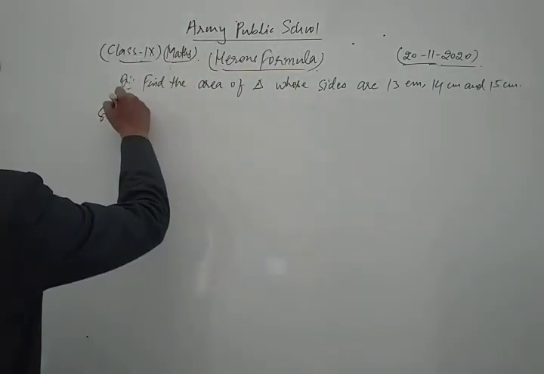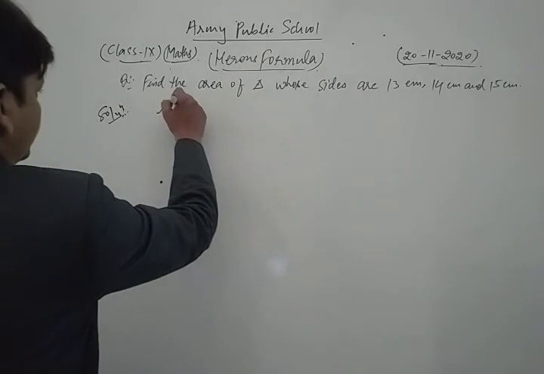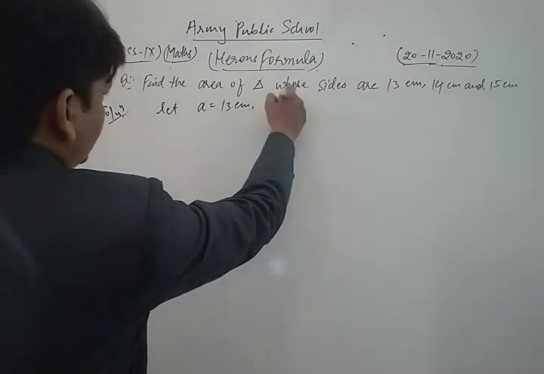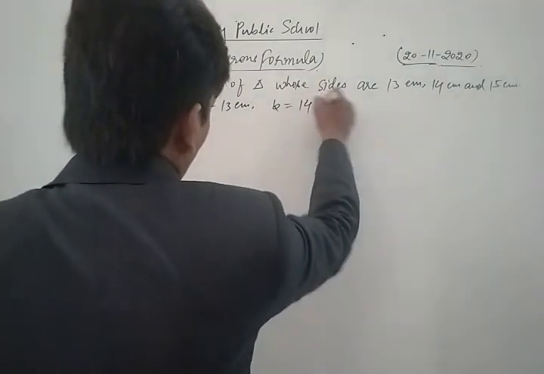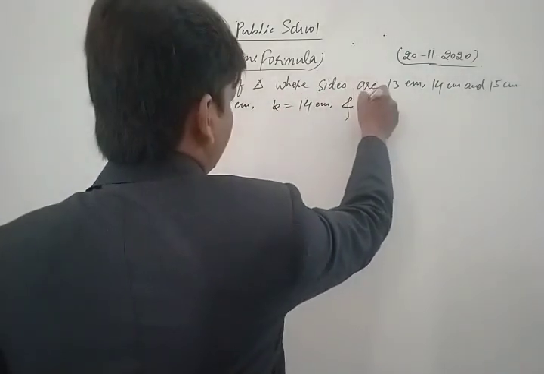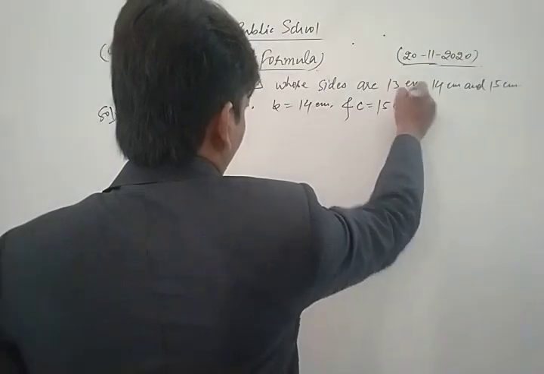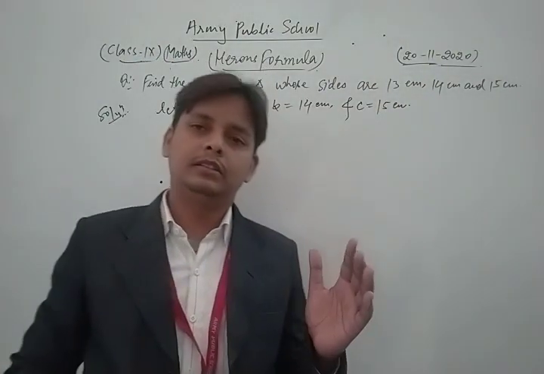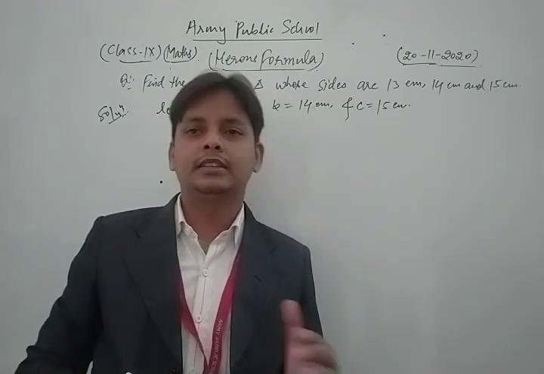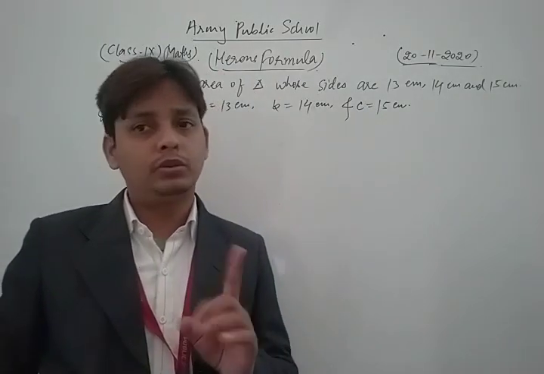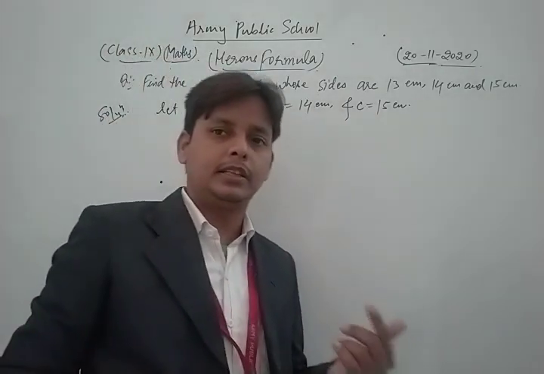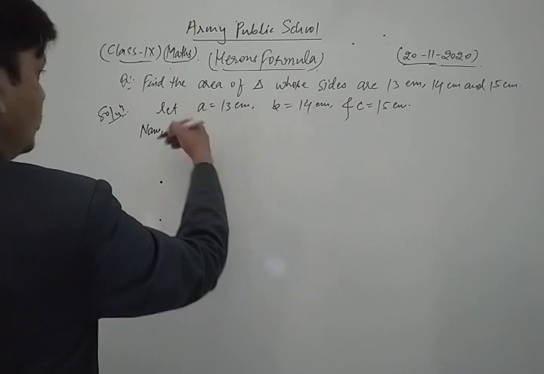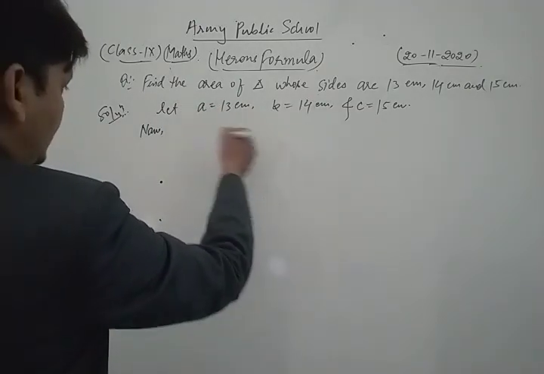Let's see its solution. First of all, let its sides be A equal to 13 centimeter, B equal to 14 centimeter and the third side C equal to 15 centimeter. Dear students, in this question all the sides of the triangle are different, so here we apply Heron's formula. First of all we find the semi-perimeter.